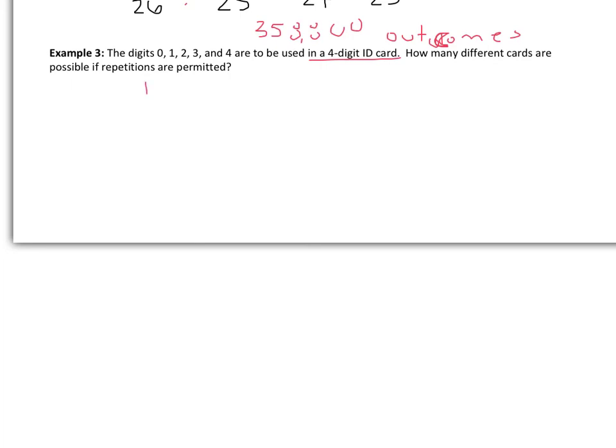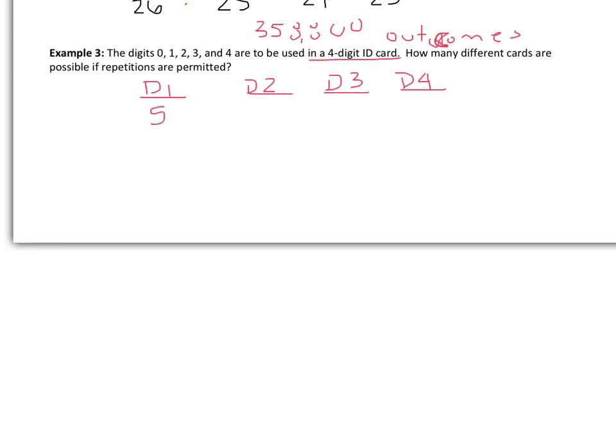So you should have had digit 1, digit 2, digit 3, and digit 4. Now, let's talk about the first digit. How many options do we have to choose from? Well, we have 0, 1, 2, 3, and 4, so that's 5 numbers. So the first digit we can choose from 5 numbers.